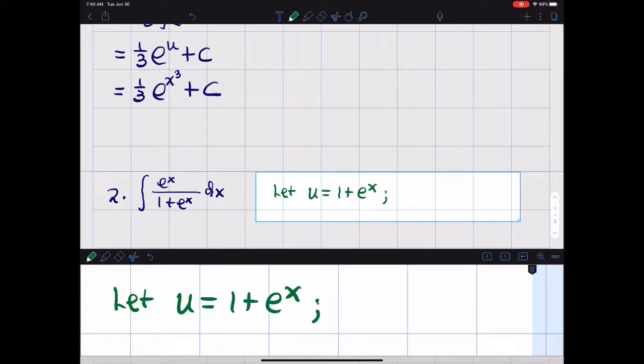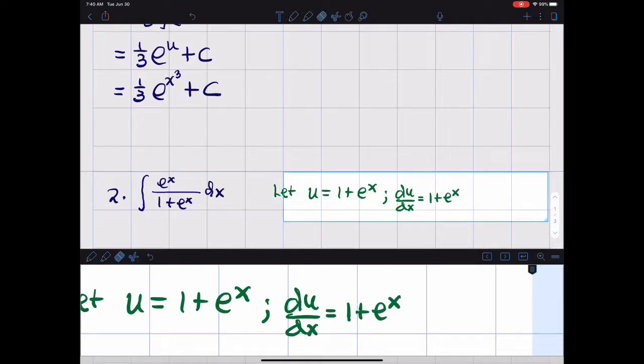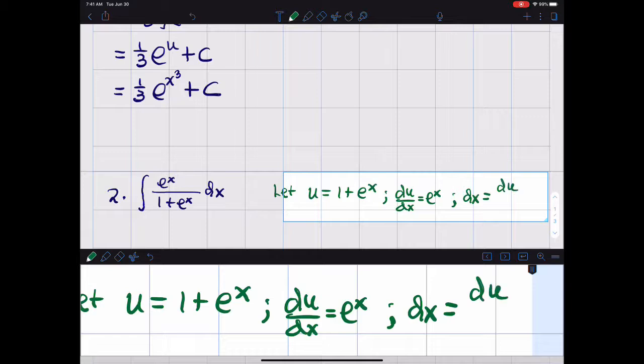Then our du/dx is just e to the x, its derivative. And this means that our dx is du over e to the x.